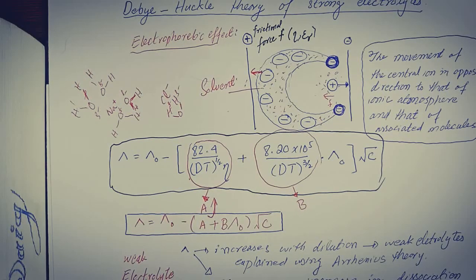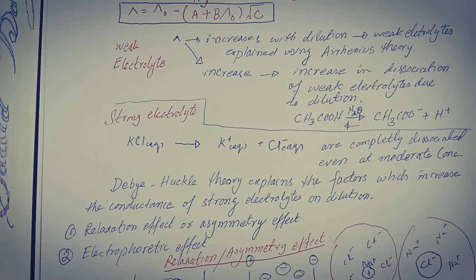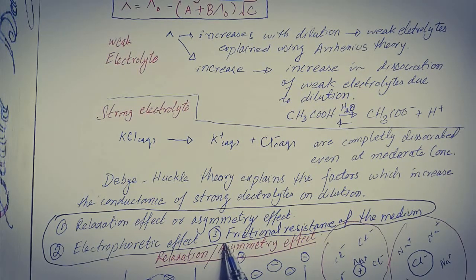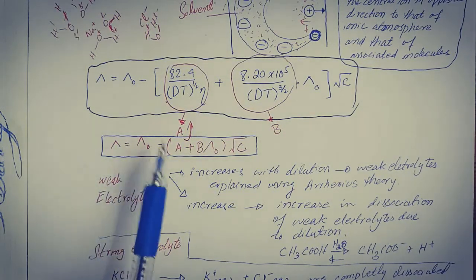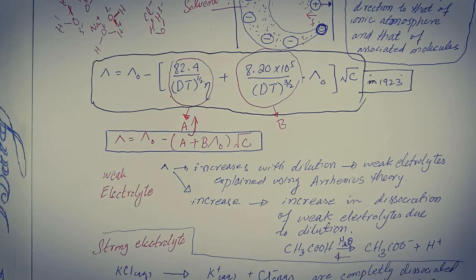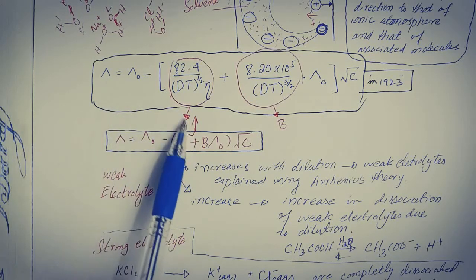So keeping the three factors in view, number one, the relaxation effect or asymmetry effect, the second, the electrophoretic effect, and the third, the frictional resistance of the medium, Debye-Huckel developed a mathematical expression given here in 1923, and they derived the relationship by keeping in view the variation of the equivalent conductance with the concentration.